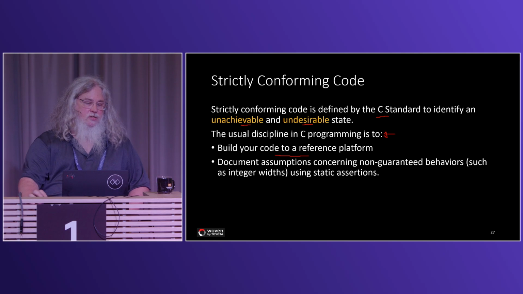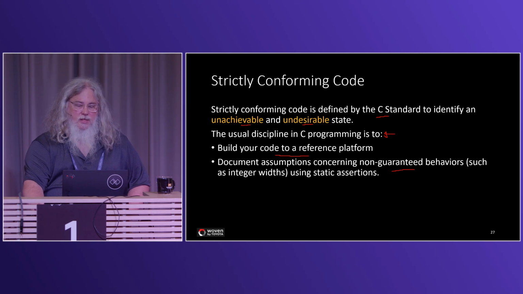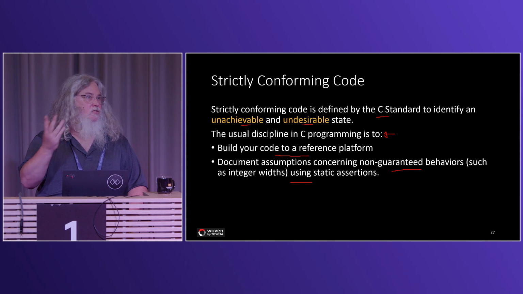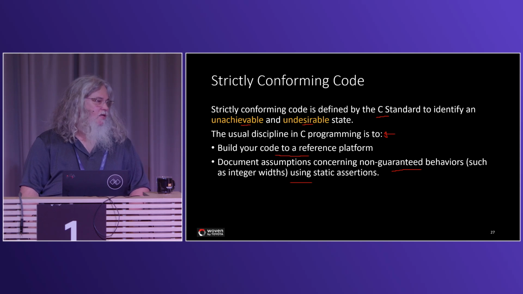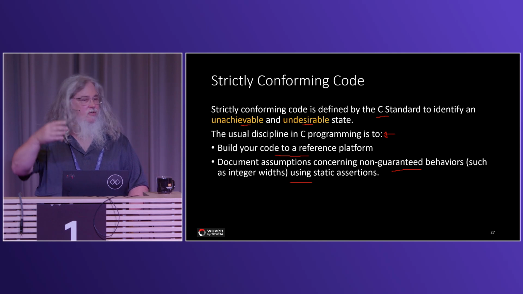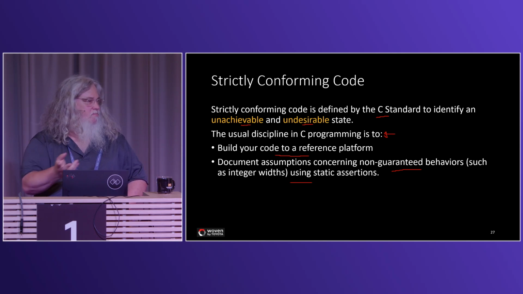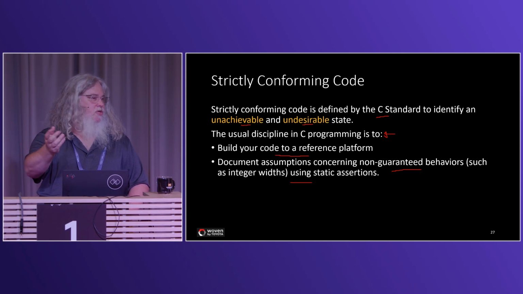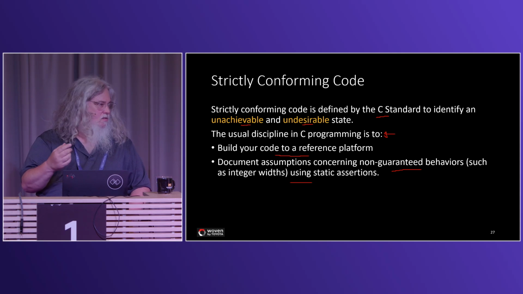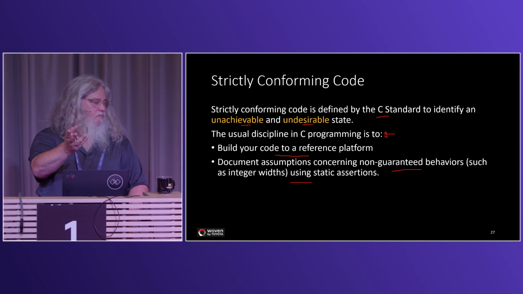And then what I like to do is anytime I have a dependency on implementation defined behavior, for example, I'm assuming I've got a 32-bit int, so I can represent the full range of values, I'll write a static assertion, and I'll say the width of int is at least 32 bits. And now if someone down the road tries to port that to a 16-bit processor to save 8 cents per unit, they'll get a fatal diagnostic to prevent the compilation.